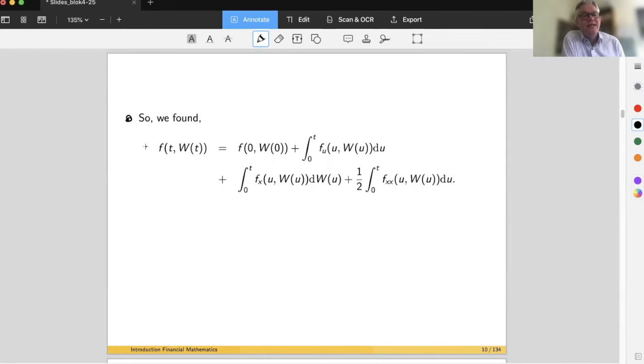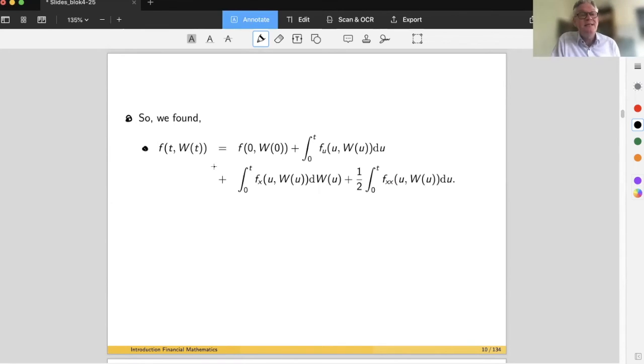In fact, it says that if we have a function of time and of Brownian motion, a function of t and of W, then this function is equal to f at (0, W0), plus the integral from 0 to t of f_u du, plus the integral from 0 to t of f_x dW, plus 1/2 the second derivative of f with respect to x times du. And particularly this part is a new part.